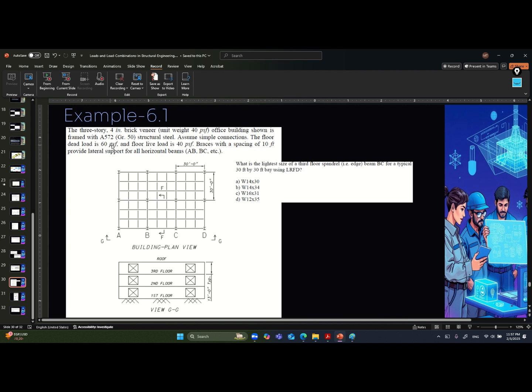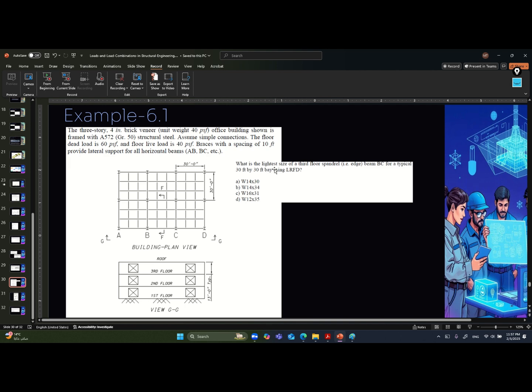The floor dead load is 60 and the floor live load is mentioned explicitly, but if it didn't mention it we should get it from the table. There are braces with a spacing of 10 feet providing lateral support for all horizontal beams, meaning there will be no lateral torsional buckling.